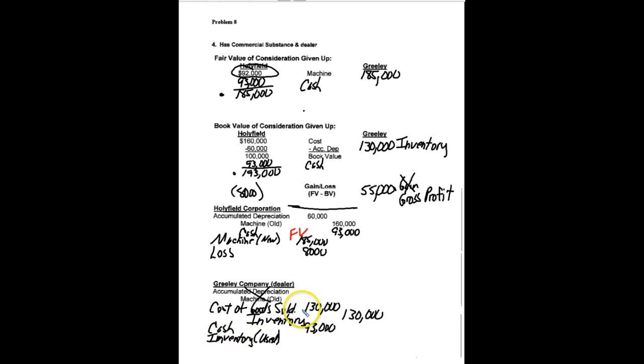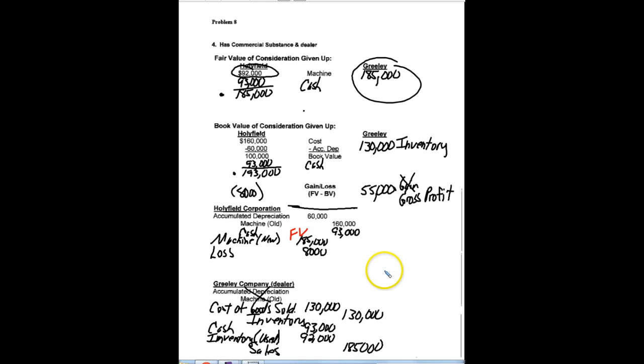So used equipment inventory for $92,000. And we'll record sales. That's going to be our selling price, $185,000. So on the income statement, we will have sales, $185,000.